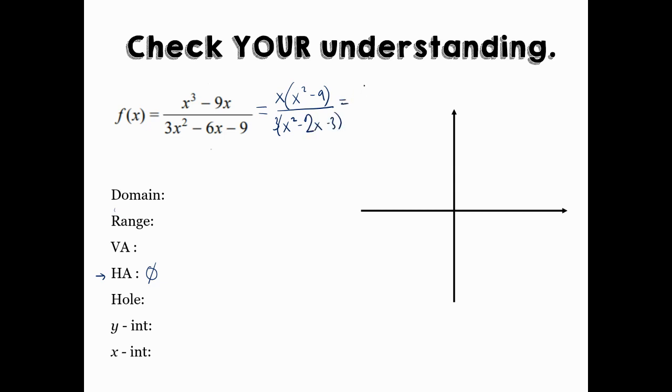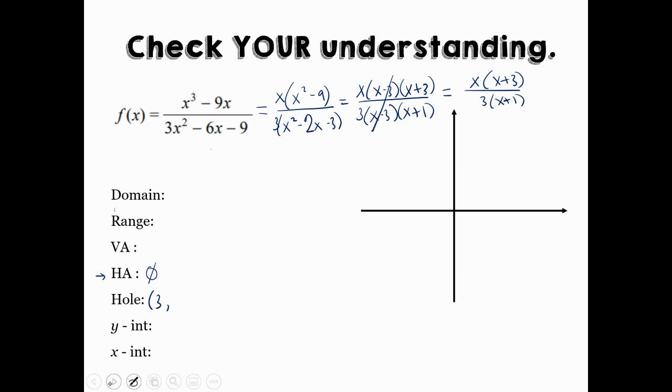So this is going to be x times x minus 3, x plus 3, over 3 times x minus 3, x plus 1. Those x minus 3's will cancel, which automatically lets me know that I have a hole at the x coordinate of 3. So I'd be left with x times x plus 3 over 3 times x plus 1.